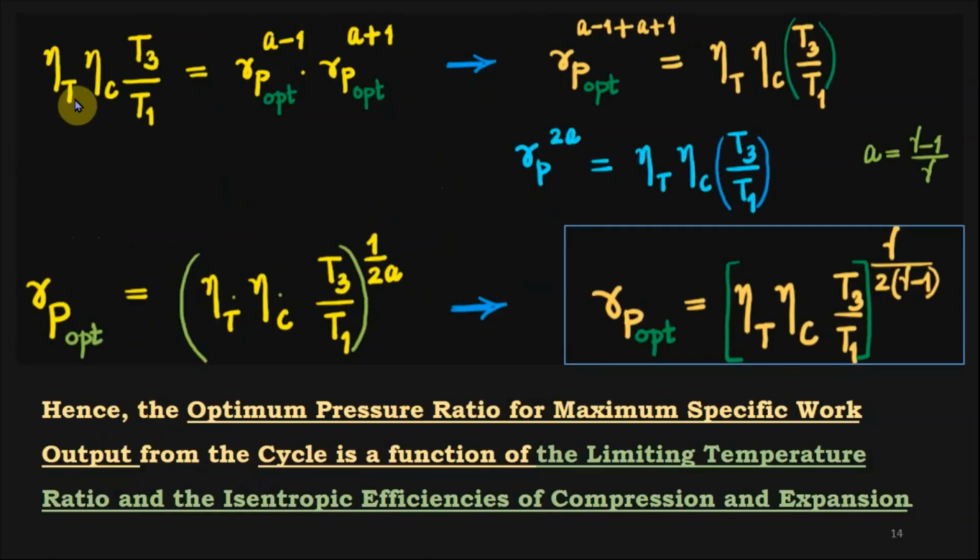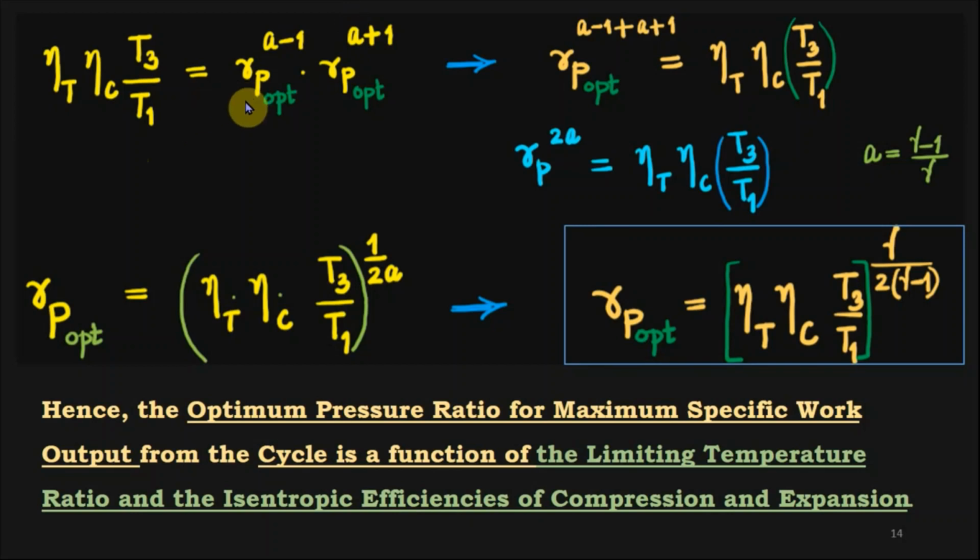That is eta suffix t into eta suffix c into the temperature ratio T3 by T1 is equal to Rp optimum raised to A minus 1 and Rp optimum raised to A plus 1.